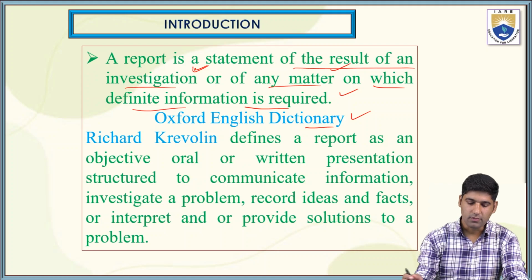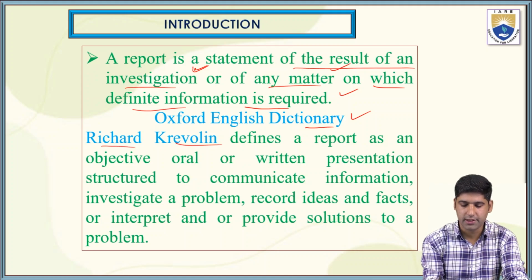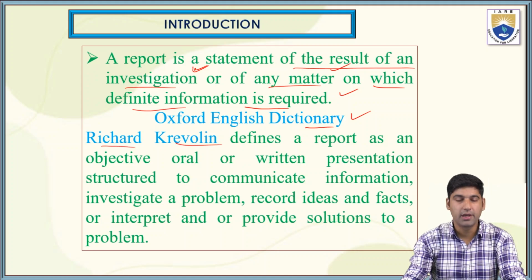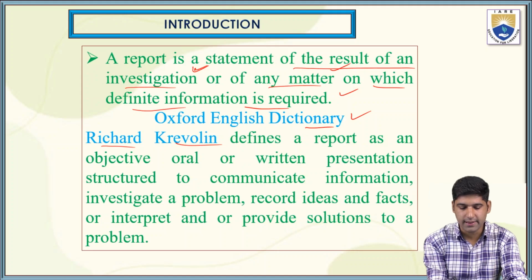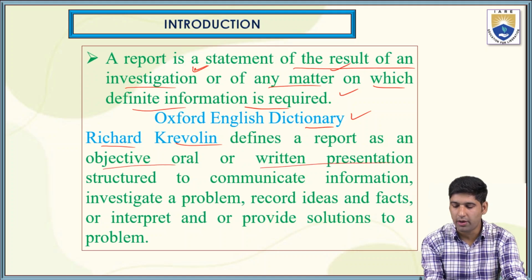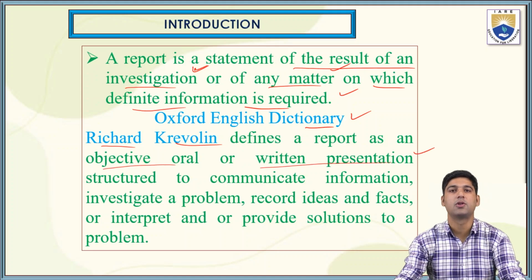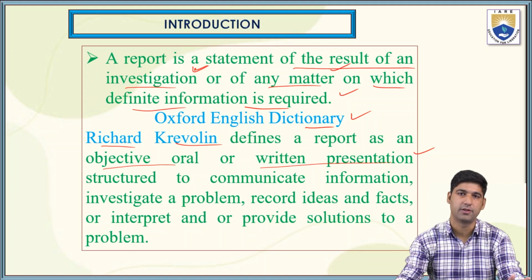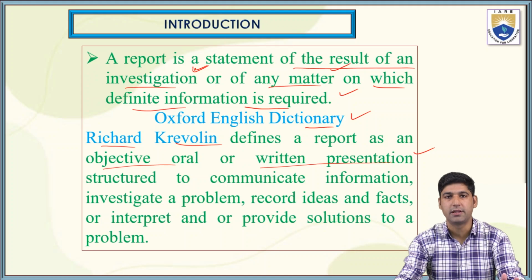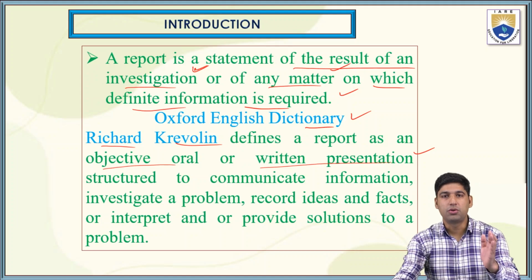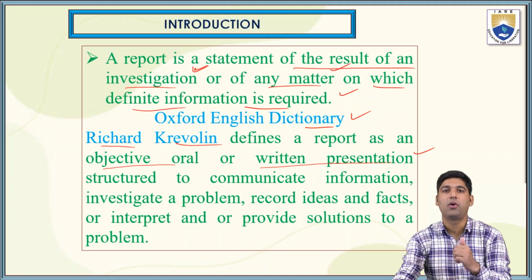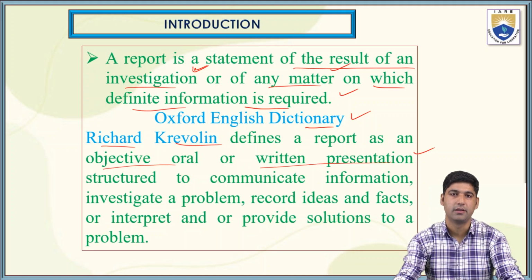Now, I would like to quote Richard Krelowin. What does Richard Krelowin say about report writing? He defines a report as an objective oral or written presentation. It's objective but not subjective. So there should not be the involvement of the writer. The person who writes a report should not involve himself or herself in the report writing.